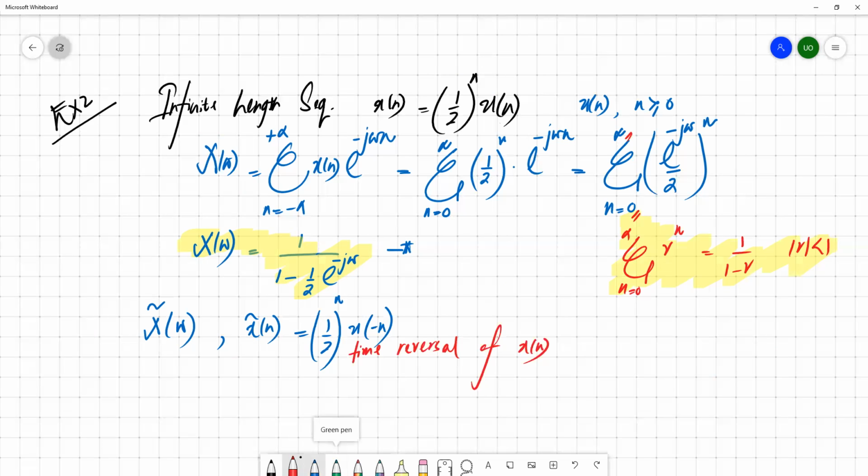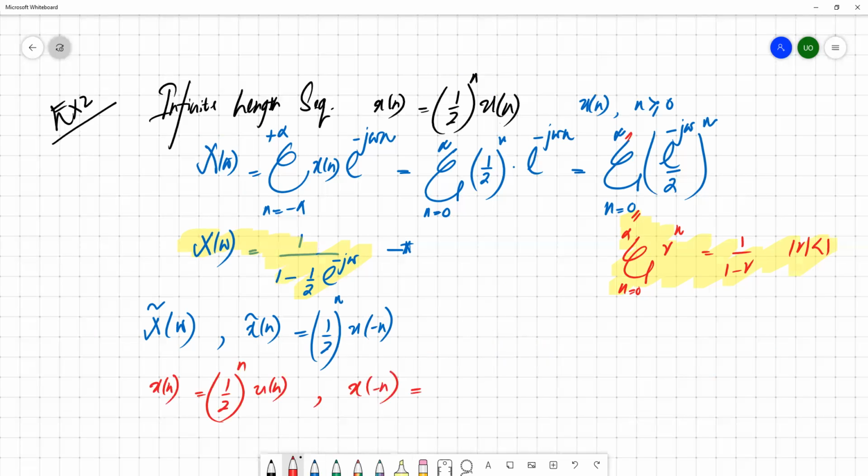Okay, sorry, this is not the exact time reversal of this one. So we'll see it like this. x[n] is actually (1/2) to the power n. So what about x[-n]? This is the time reversal. Then it becomes (1/2) to the power minus n u[-n].